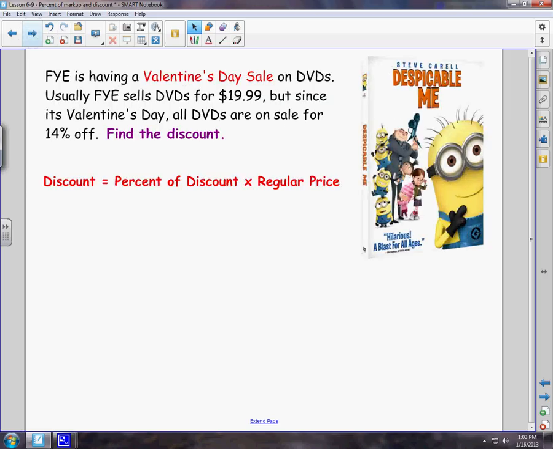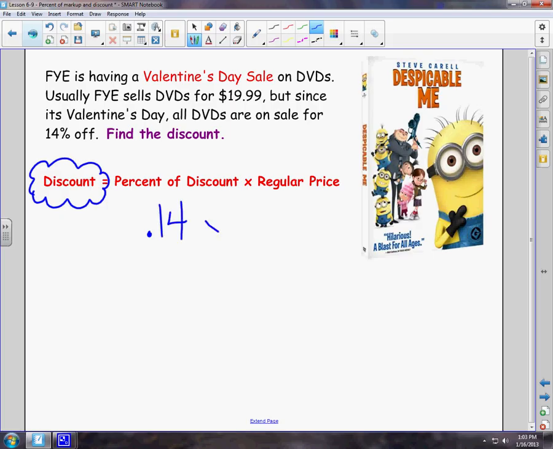FYE is having a Valentine's Day sale on DVDs. Usually they sell DVDs for $19.99, but since it's Valentine's Day, all DVDs are on sale for 14% off. Find the discount. In your notes, write down: discount equals the percent of discount times the regular price. The percent of discount is 14%, which I'm going to make a decimal.